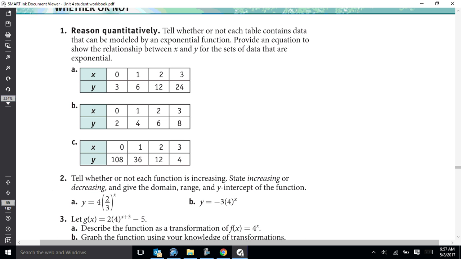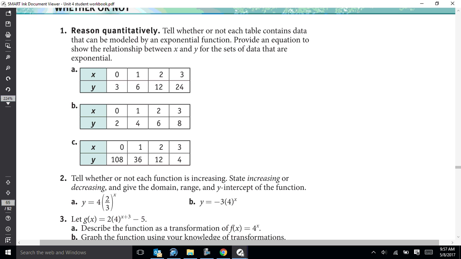All right. So tell whether or not each table contains data that can be modeled by an exponential function. Provide an equation to show the relationship between x and y for the set of data that are exponential. In order for it to be exponential, what should you be doing between all of your y's? It has to be the same change.